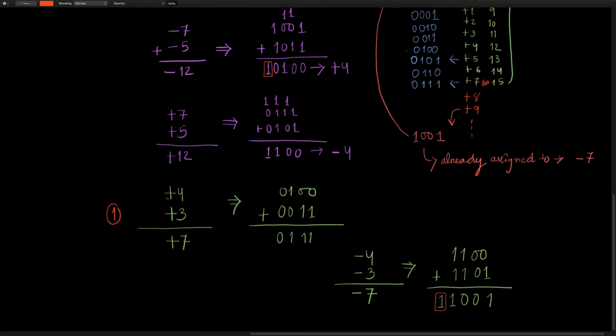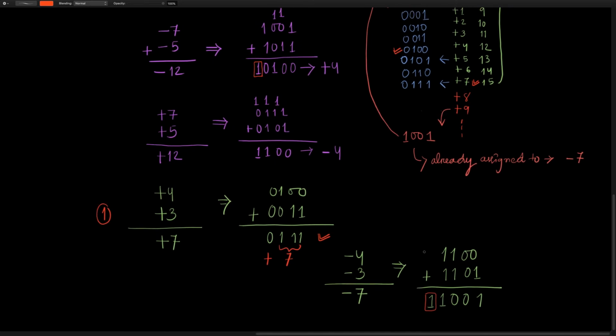We're going to add signed binary numbers of positive 4 and positive 3. Positive 4 is represented as 0 1 0 0, and positive 3 is just like this. If we add it, you will get positive 7. There is no problem with that.